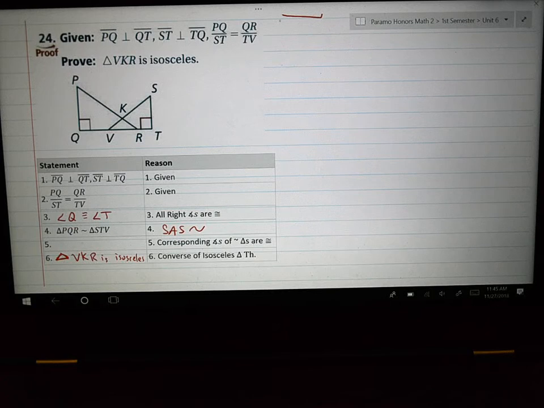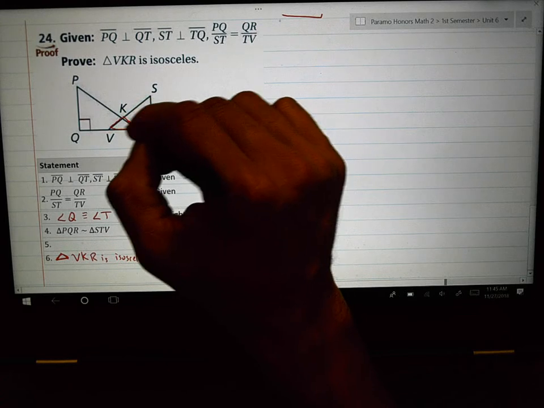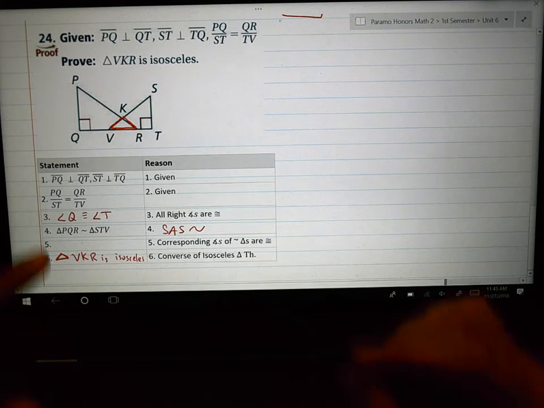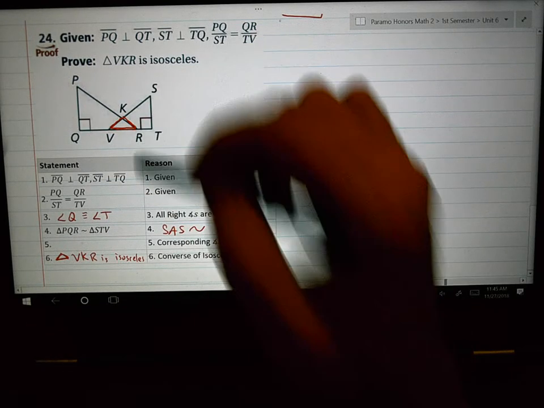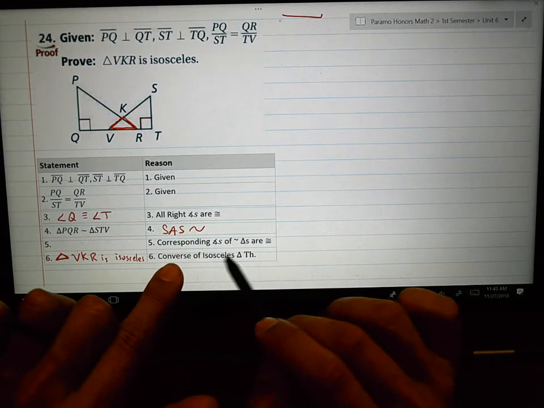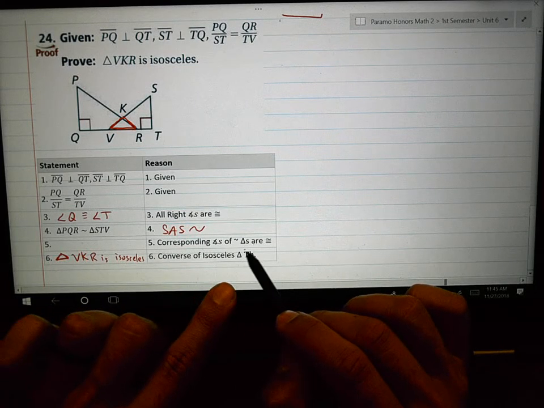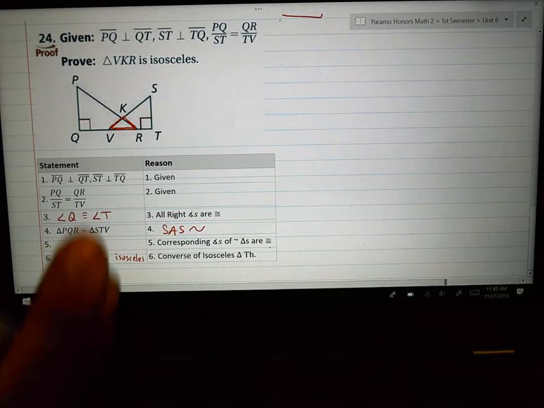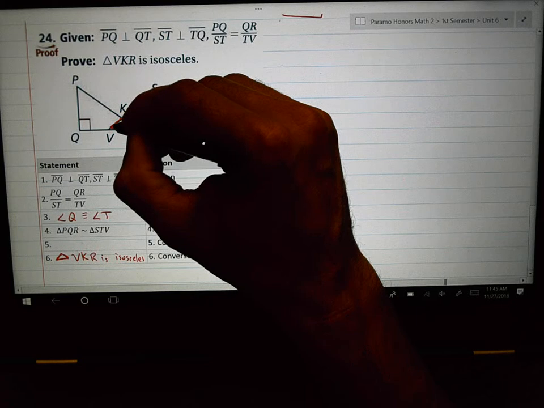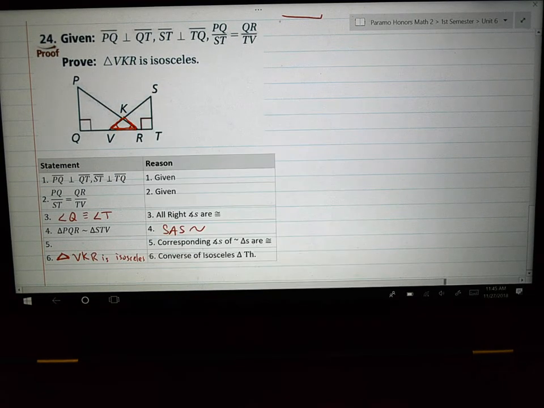Since that's what we're trying to prove, we're trying to prove that this is an isosceles triangle, and we know that this triangle is similar to that triangle. We got to be using something that deals with their angles. The corresponding angles of similar triangles are congruent. They must be using something about this angle and this angle being the same in both of those triangles.